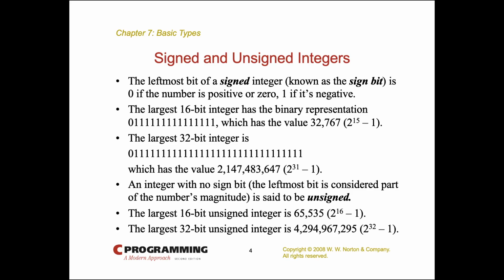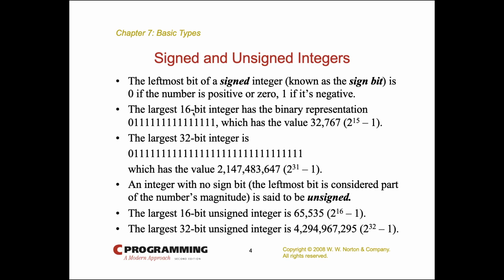The leftmost bit of a signed integer is the sign bit. It is 0 if the number is positive or 0, and 1 if it is negative. The leftmost bit, the very left side, is used for the sign bit.